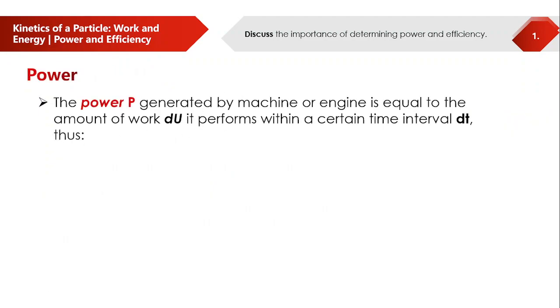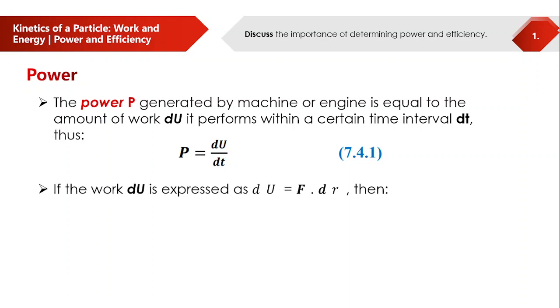The power generated by a machine or engine is equal to the amount of work du it performs within a certain time interval dt. Thus, the formula is P equals dU over dt. That's the simple definition of power.